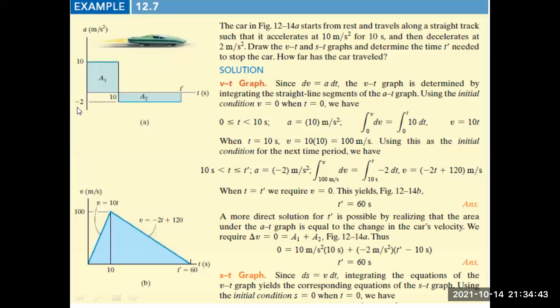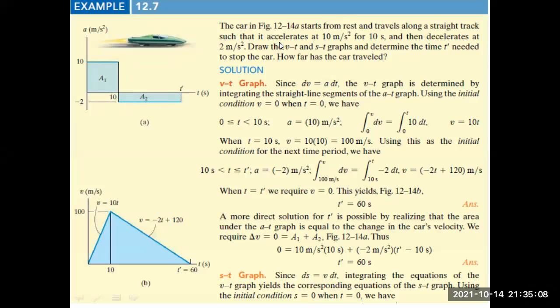We have a negative sign when it decelerates. We have positive sign when it accelerates. So 10, all of a sudden it goes to negative 2. And then it decelerates at 2, all the way. There is no time given.